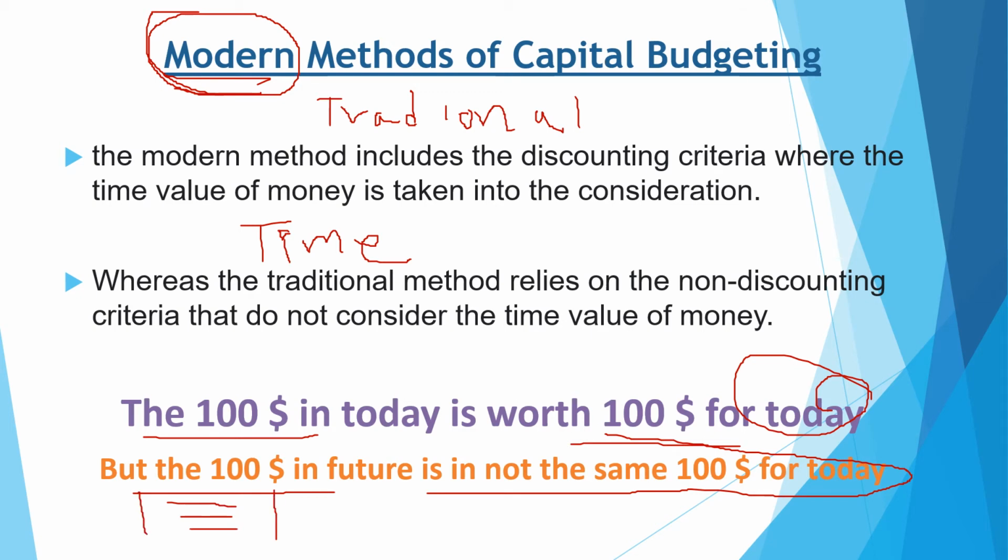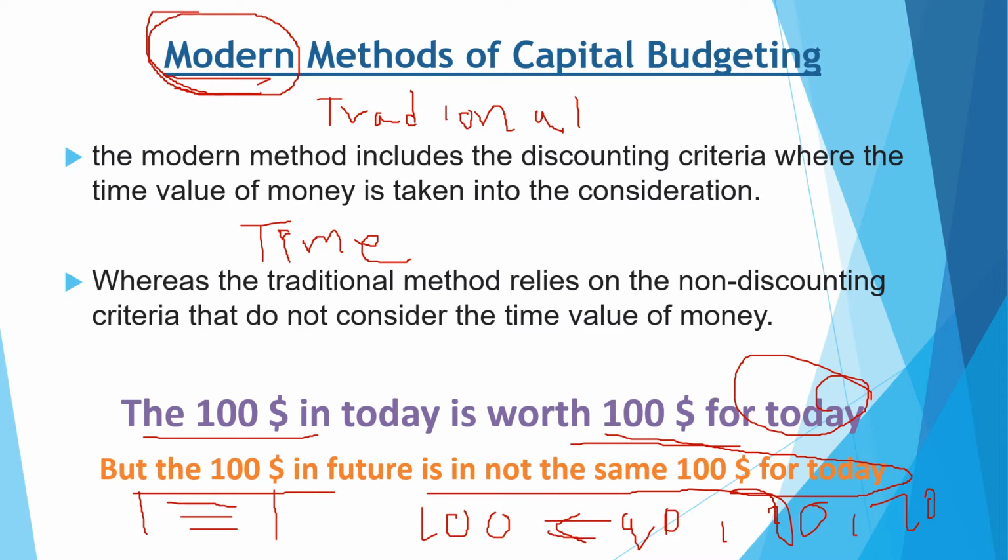But tomorrow, or next week, or next month, or next year, that $100 may come to $90, or it may be $80, or it may be $70. I don't know how much it would be.